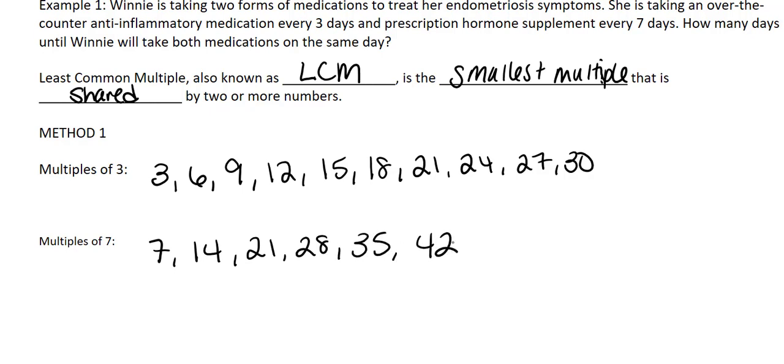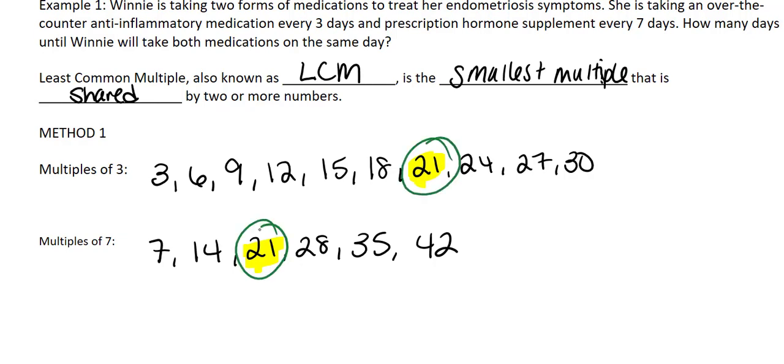We'll stop there. Now if we look at these two lists of multiples, we're looking for the least common multiple, which is like the smallest multiple that's shared between them. So what number is the first number that comes up in both? If we look, 7 isn't in the multiples of 3, 14 isn't either, but 21 is right here.